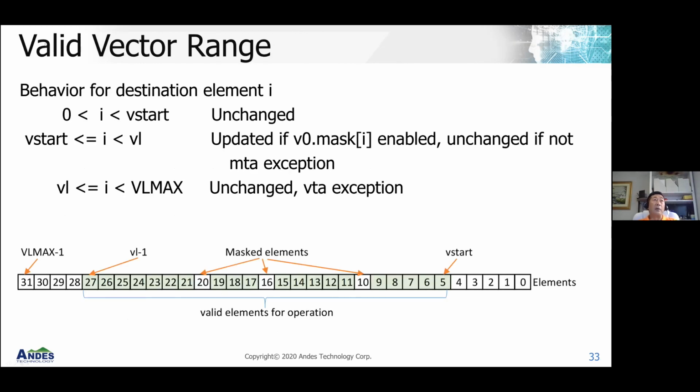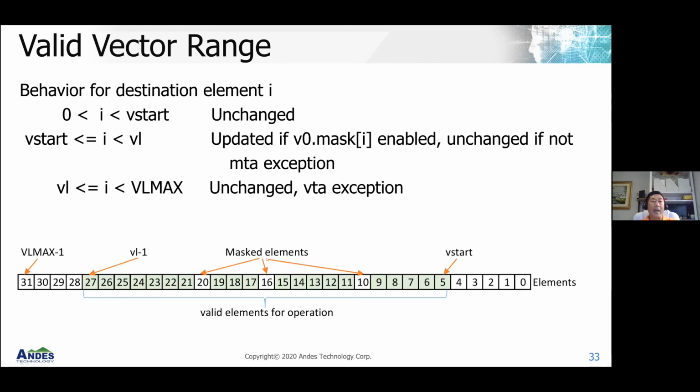And so if you look at the valid range for all the data elements, the example here is that all the elements before vstart are not valid, so the valid range starts from the vstart. And on the other end of the spectrum, the VL basically indicates where the last valid element is.